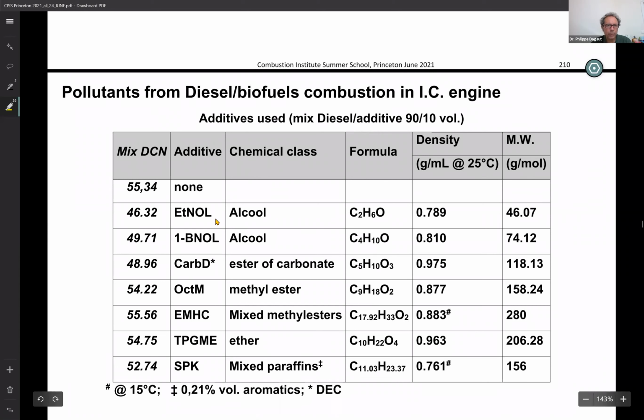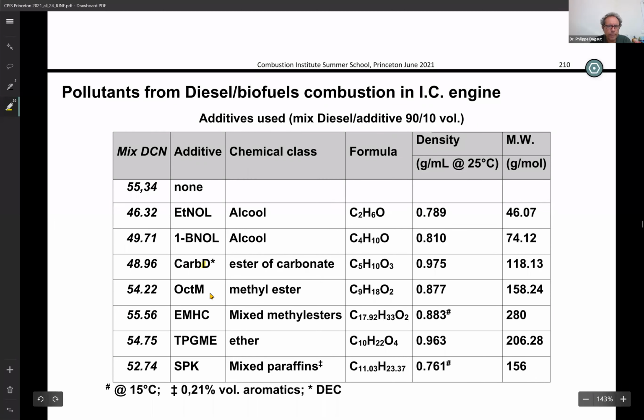And we use ethanol, 1-butanol, a carbonate, I forgot which one it was, diethyl carbonate, I believe.